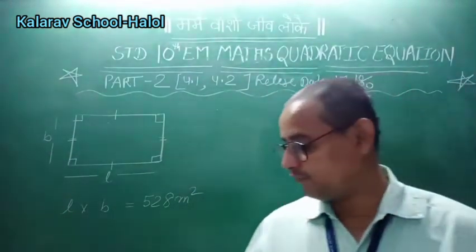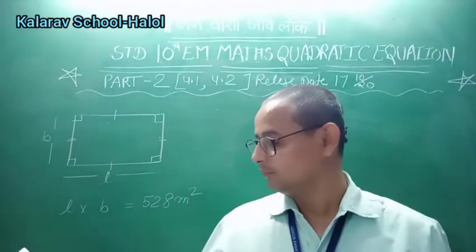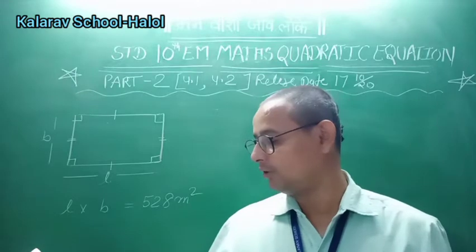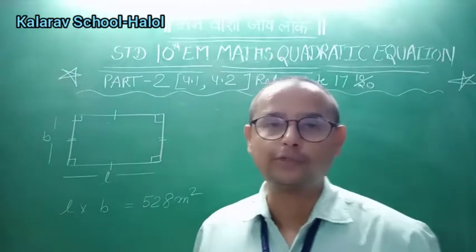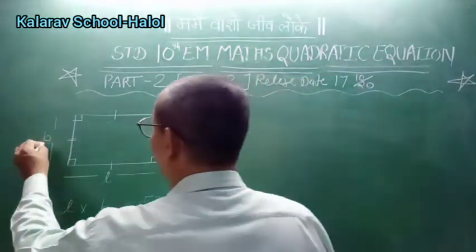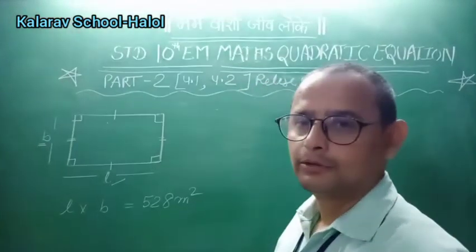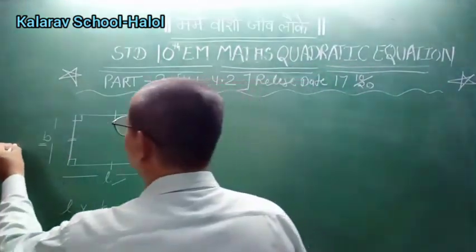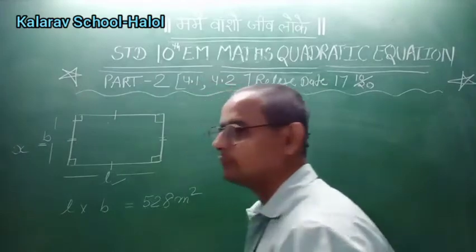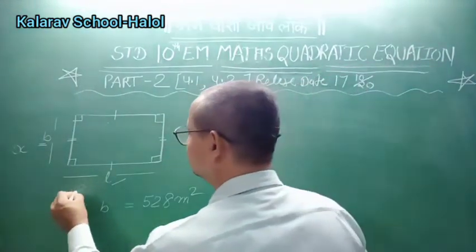Okay, and further information is that the length of the plot is 1 more than the twice of its breadth. Whatever breadth is there, length is 1 more than twice of it. So assume that breadth is your x. So what is the twice of x? That is 2x.